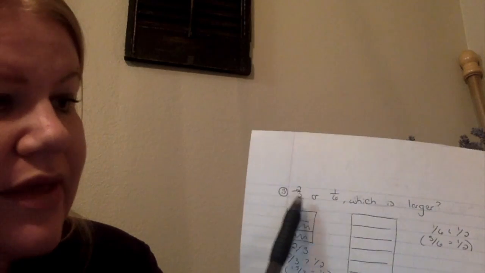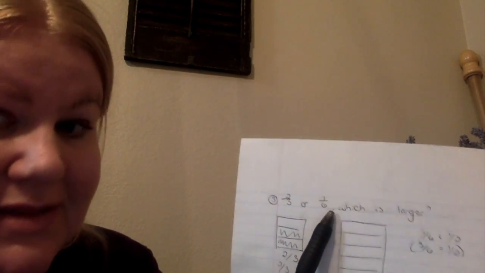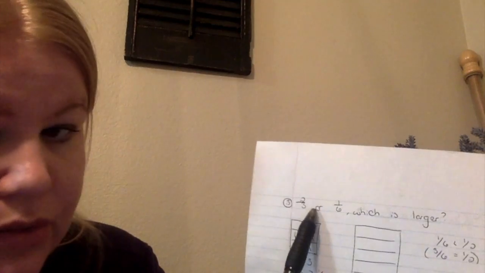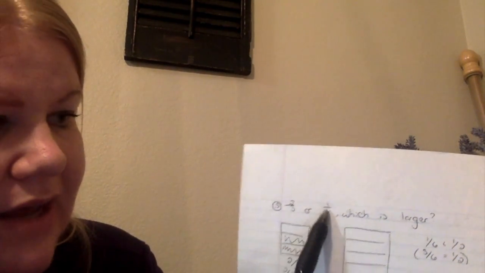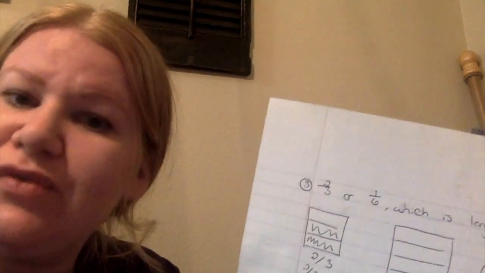I know that there are 2 3s in 6, which means that 3 times 2 is 6, right? And so I could do 2 times 2, 3 times 2, which would be 4/6 and 1/6.